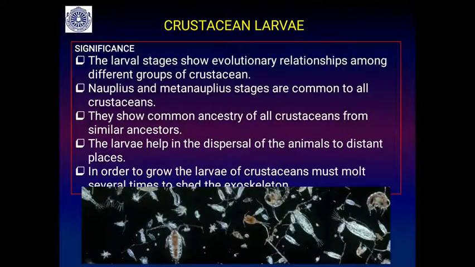So what is the significance of these crustacean larvae? These larval stages show the evolutionary relationship among different groups of crustacea. You can group them into the class Crustacea based on these larval forms. You will find the nauplius larva in crabs, in prawns, as well as in barnacles.